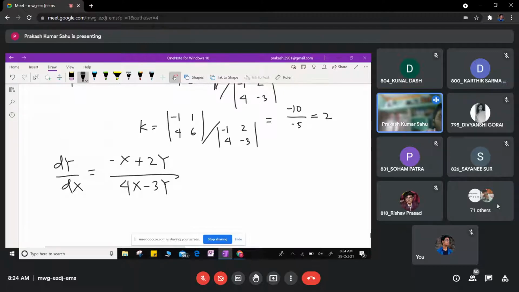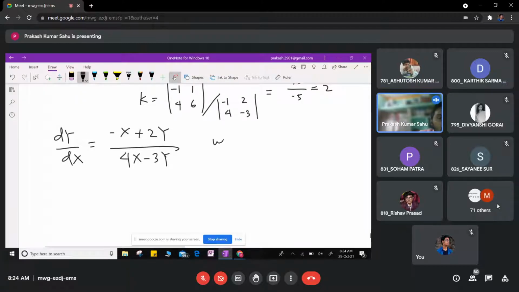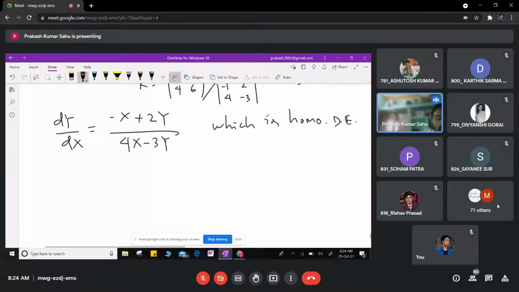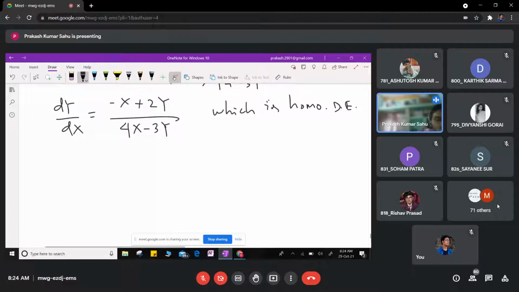So now this is a homogeneous differential equation. Okay, so if it is a homogeneous differential equation, so let us find how to solve the homogeneous differential equation. You substitute again, as in a homogeneous differential equation. Prove करो.